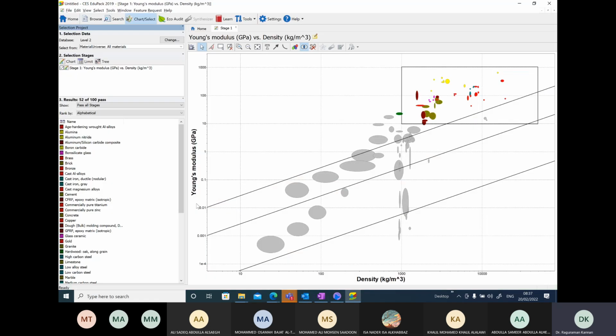So this appears to be right. The values displayed here are the correct values of E in gigapascals. However, these values are scaled in the logarithmic scale. While here also these are density values.